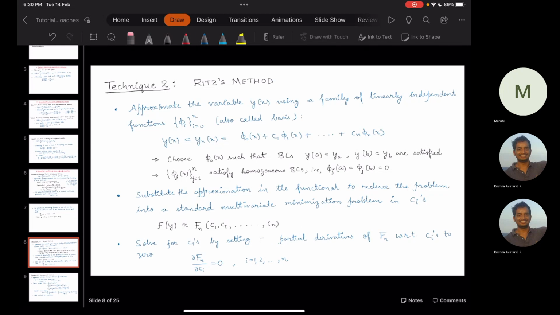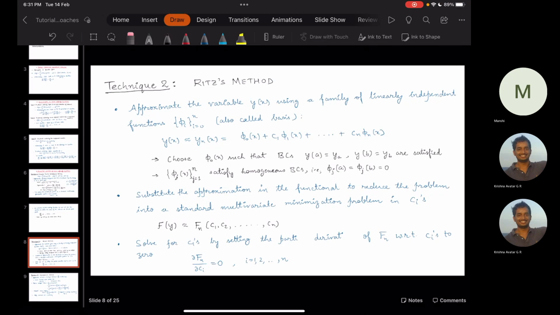Now we also need to figure out that our basis functions have to satisfy certain conditions. One condition is that the choice of our phi naught of x should be such that it satisfies the boundary conditions y of a equals ya and y of b equals yb.